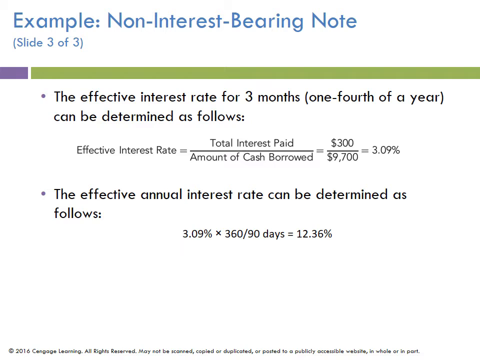They have interest of $300. So for 3 months, it's a 3.09% interest rate. Well, that's only for 3 of 12 months. We want to know 12 months. So you can multiply that by 4, and that will give you 12.36%. That's the effective annual interest rate.